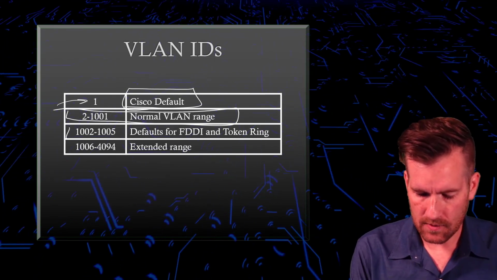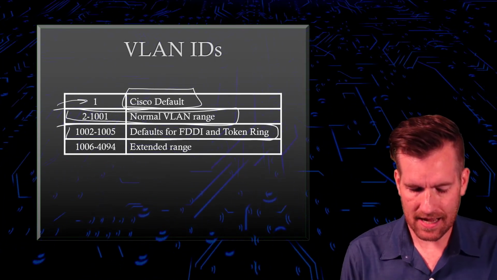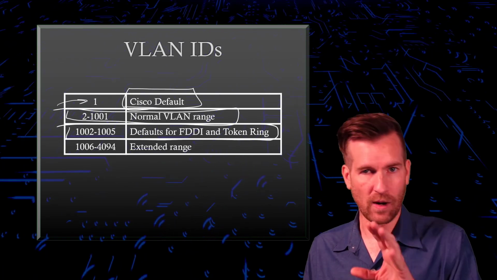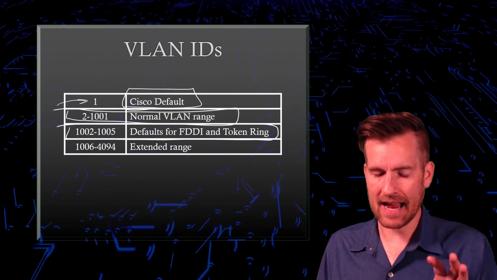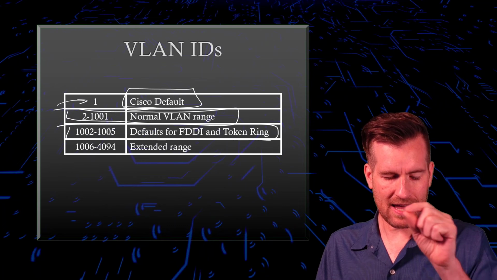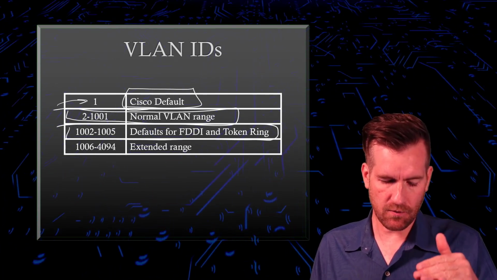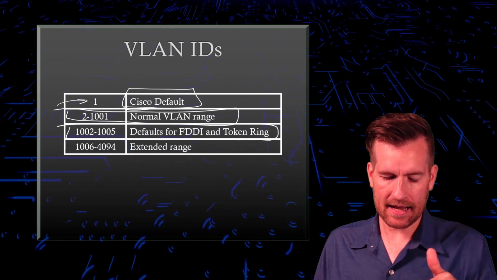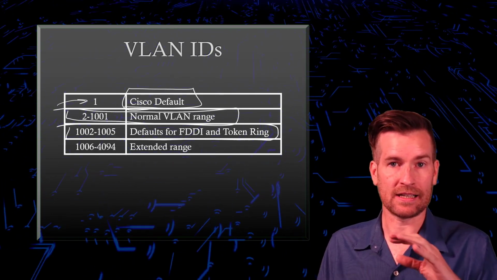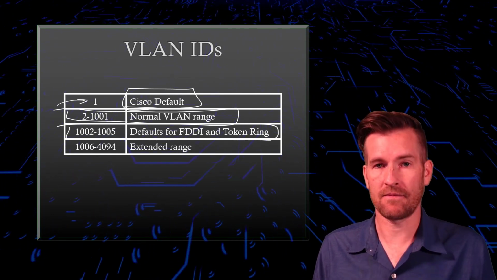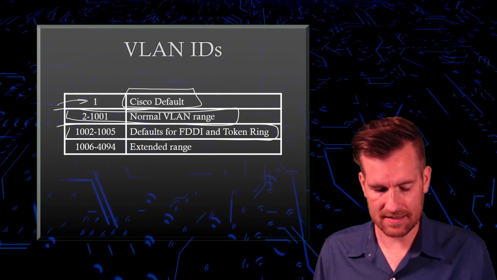Then as we saw in our last video, there is a range that's automatically assigned to those devices that are configured for FDDI and token ring. So those are already automatically configured by default onto your devices.